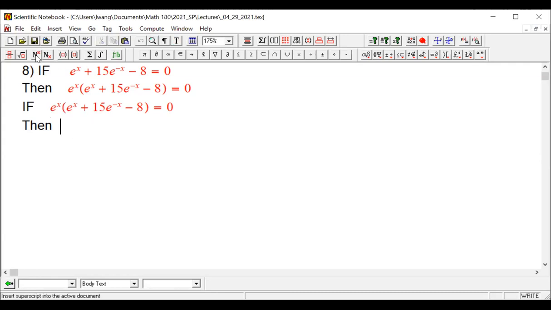You're really doing e to the power x multiplied by e to the power x plus 15 minus 8 times e to the power x. And of course, the right-hand side is 0.